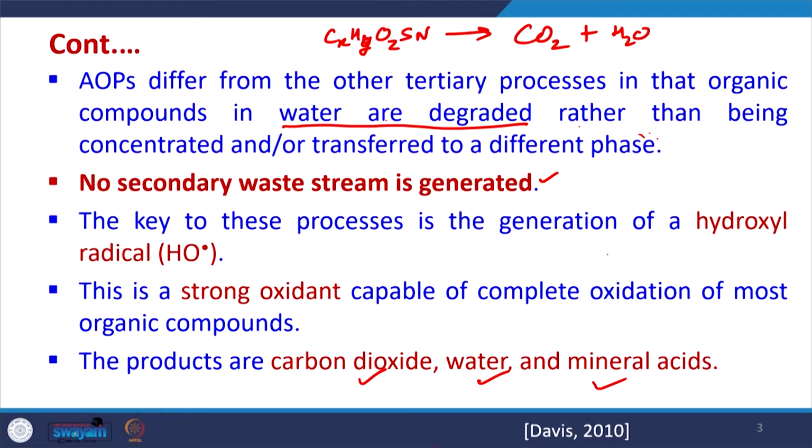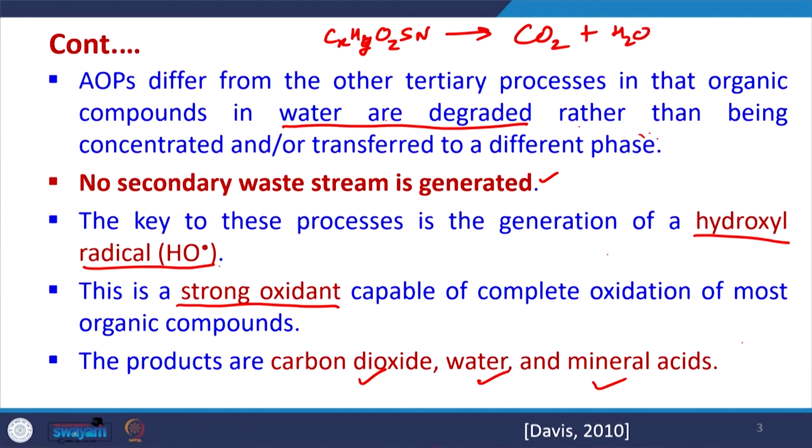Now, for oxidizing different chemicals we use or generate in situ strong oxidants. So, the key thing with respect to AOP is the in situ generation of strong oxidants which are capable of completely oxidizing most of the organic compounds present in the water.